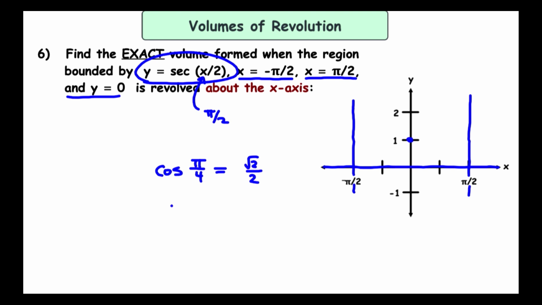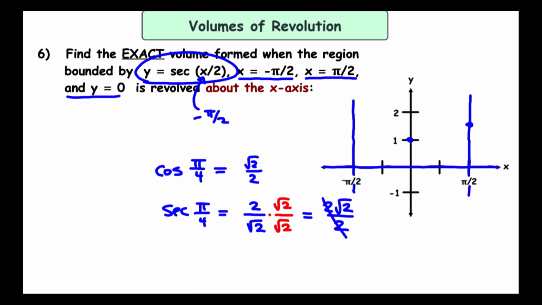That means that the secant of pi over 4 would be the reciprocal, which, once you do a little bit of algebra 2, comes out to be rad 2, or 1.414. That's right about here. Putting a negative pi over 2 in will give you the same thing. So the graph's going to look like this.